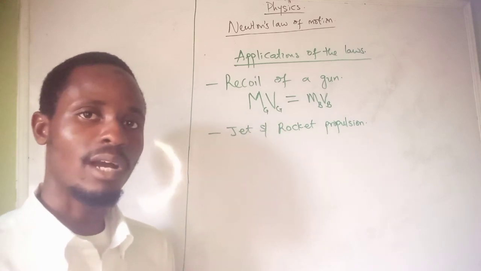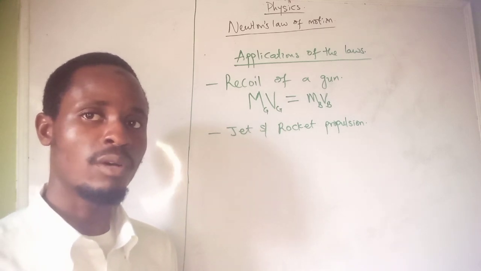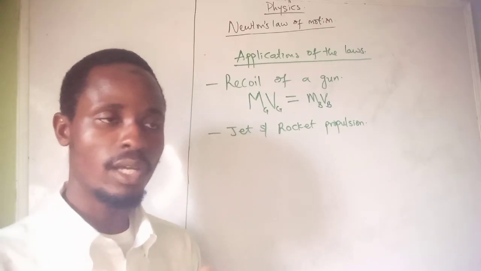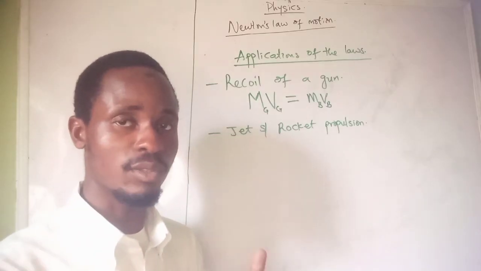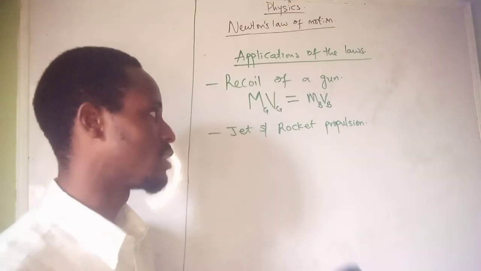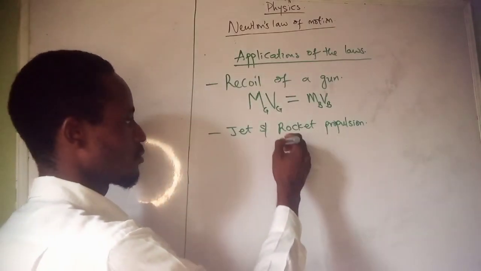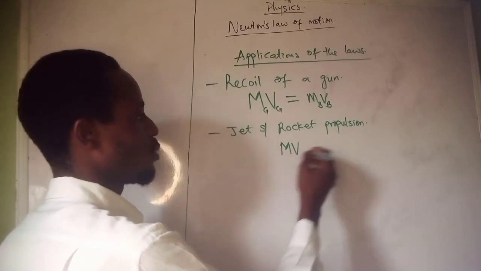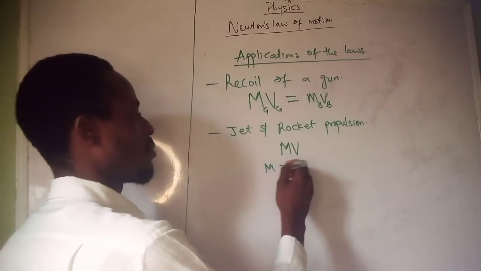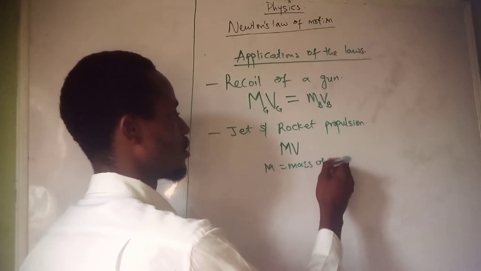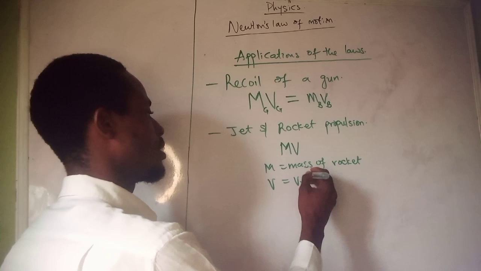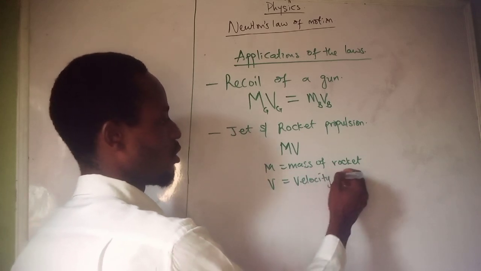There is a way we calculate the force applied on the rocket using the amount of fuel that is burned per second. The momentum of the rocket is mv, where m is the mass of the rocket and v is the velocity of the rocket.